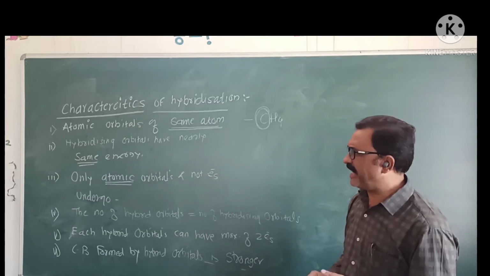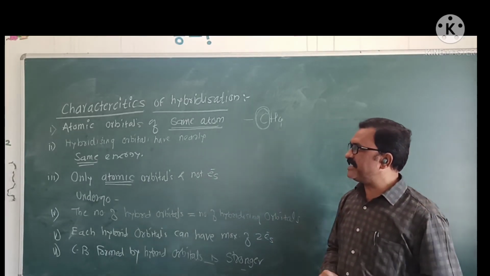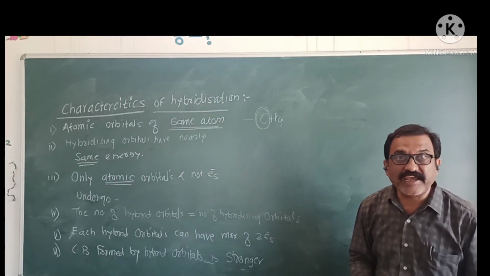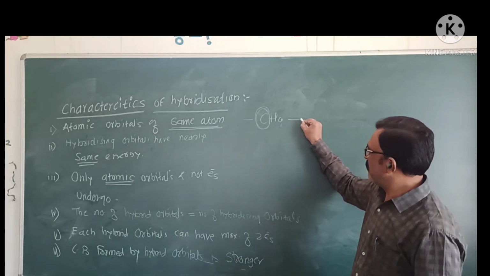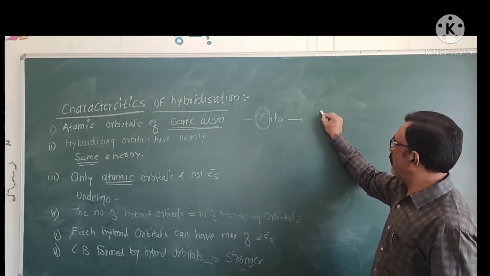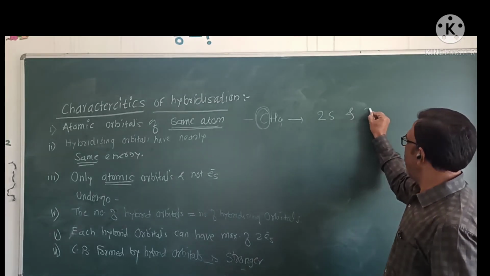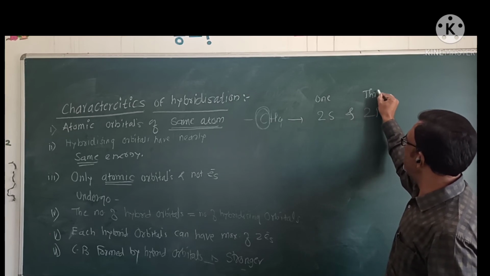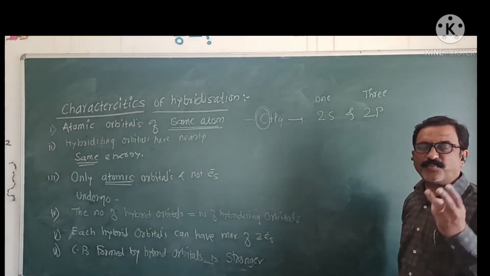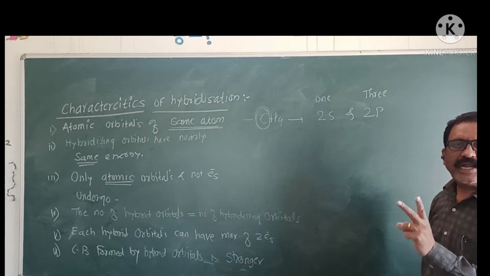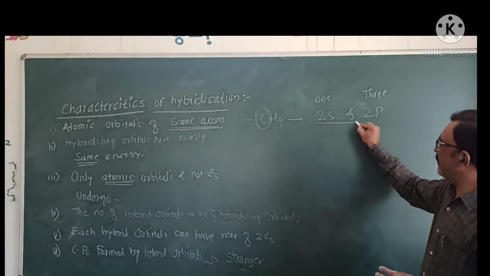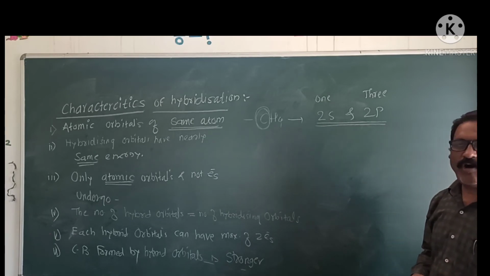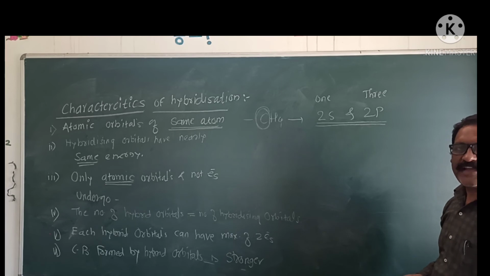The second important characteristic is that hybridizing orbitals have nearly the same energy. During formation of the methane molecule, the 2s and 3 numbers of 2p orbitals, 2px1, 2py1 and 2pz1, undergo mixing to form 4 hybridized orbitals.